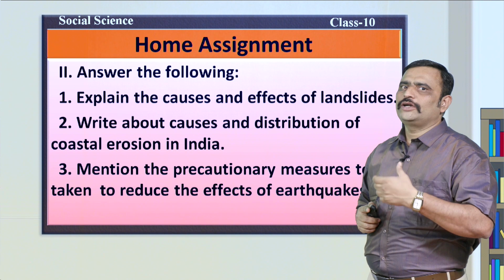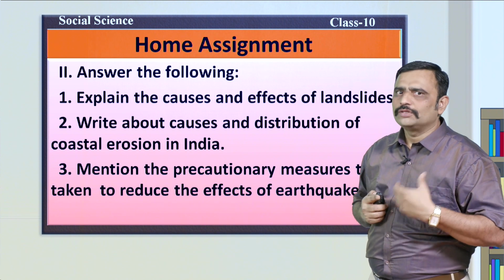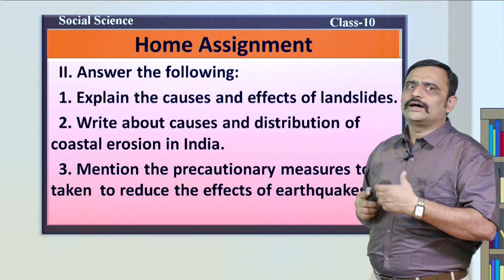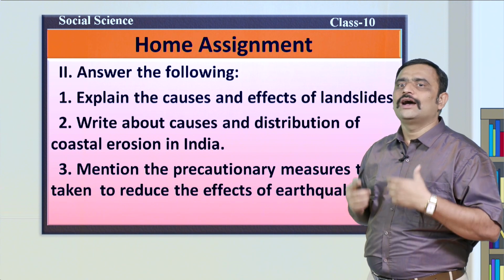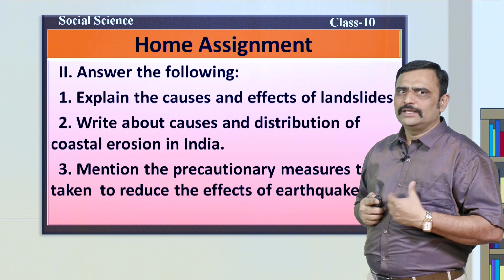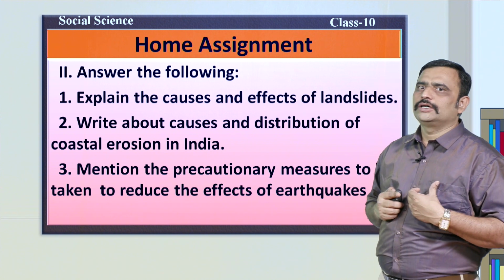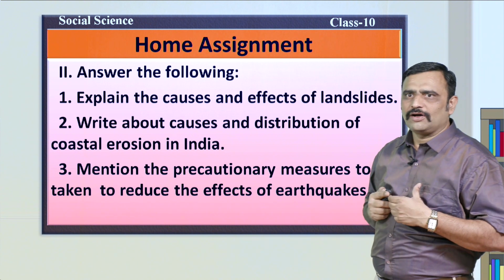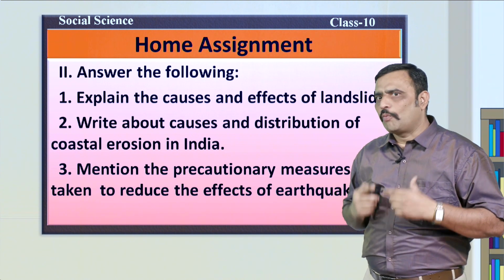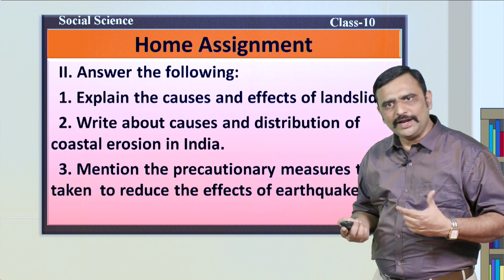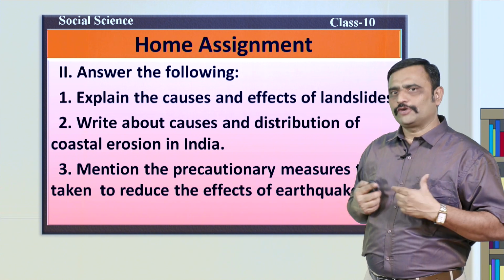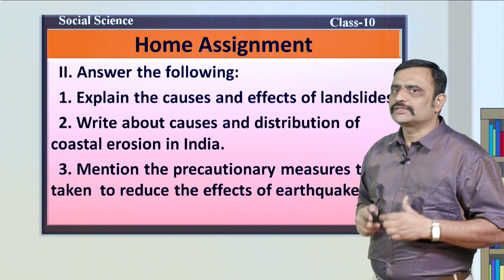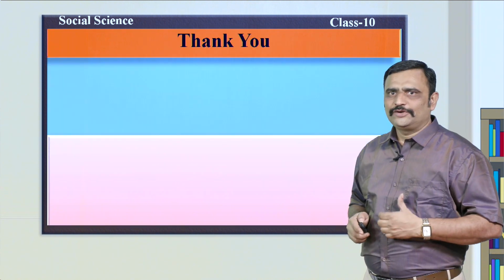You need to write the points why and how this coastal erosion occurs, that is the causes, and in India where all the coastal erosion occurs. Third question, mention the precautionary measures to be taken to reduce the effects of earthquakes. What precautionary measures the government and the people need to take and follow to prevent or reduce the effects of earthquakes. Thank you, dear students.